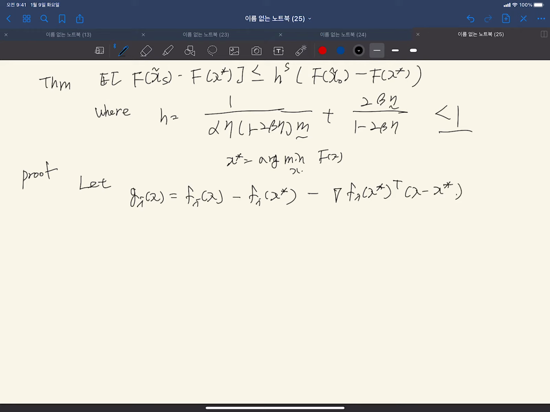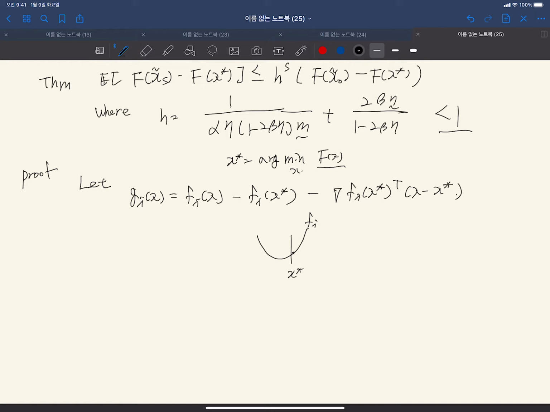Okay, so the meaning of g_i(x) is this. So this is the f_i function, and for the f_i function, x star is not the optimal point. It could be the optimal point, but in general, the optimal point of f_i and the optimal point of the total function, capital F function, are different.